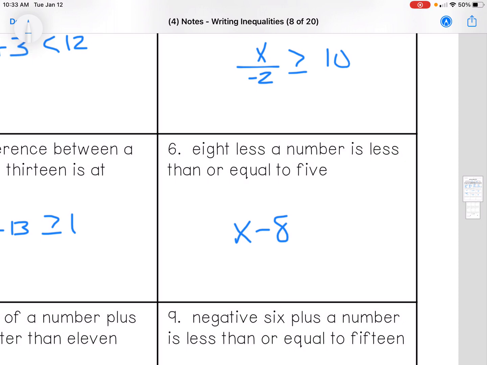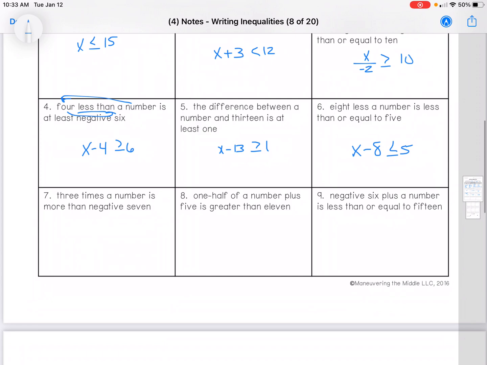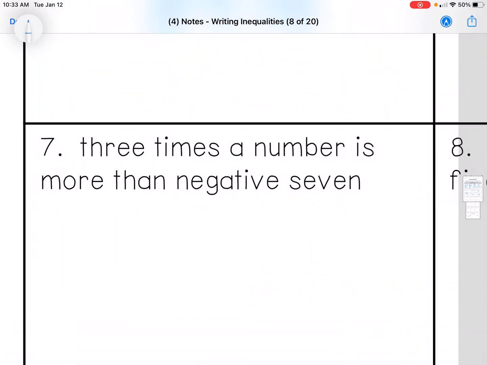Is less than or equal to 5. 3 times a number, so 3x is more than -7. More than -7.